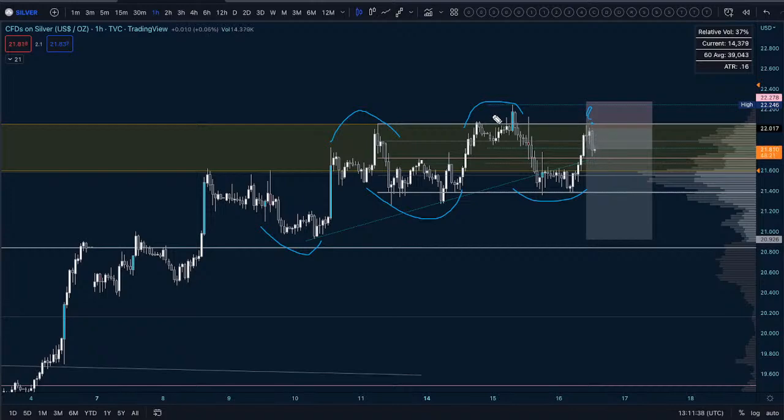Is this the part where we put in a lower high and head for a lower low? Or is this the part of the move that will push us higher and create a higher high? That's the unknown.